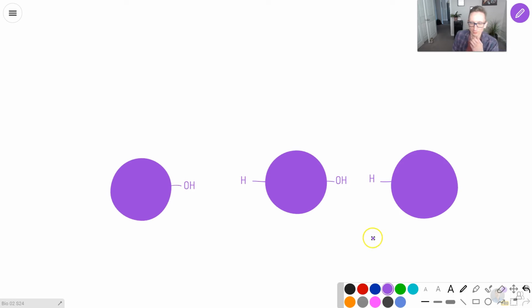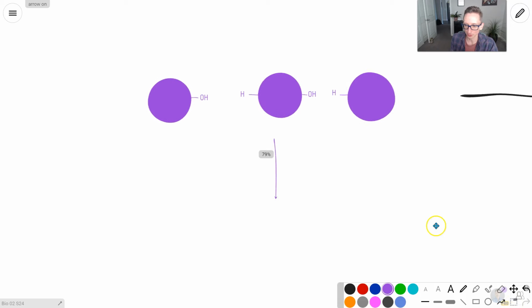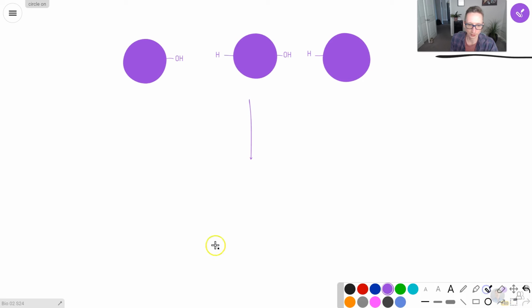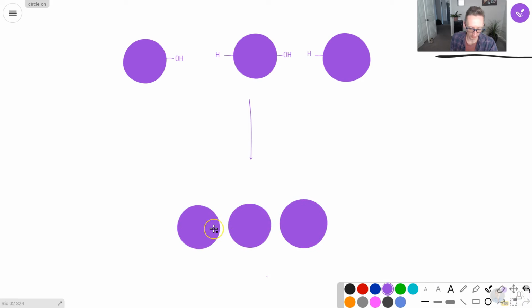So what we actually do is, rather than having these oxygens and these hydrogens on here, we get rid of those and we bind them to each other instead. So we take these off and we fuse these two things together through chemistry. And same thing over here. So if we were to just redraw these 3 little circles, put these in the middle, redraw our bonds in here, like so.